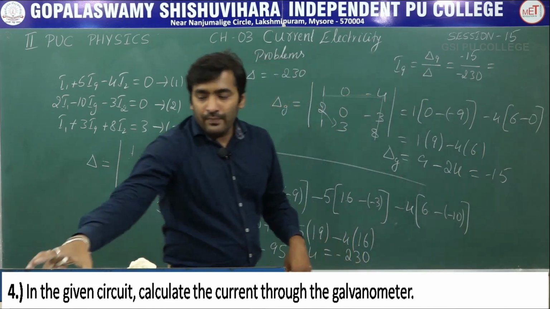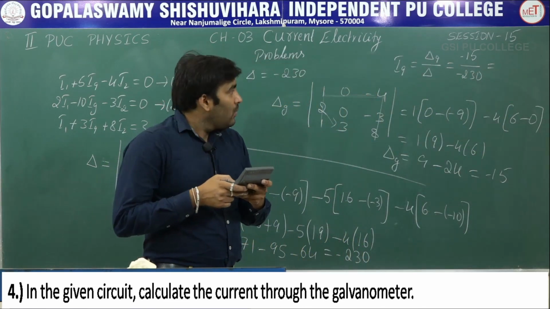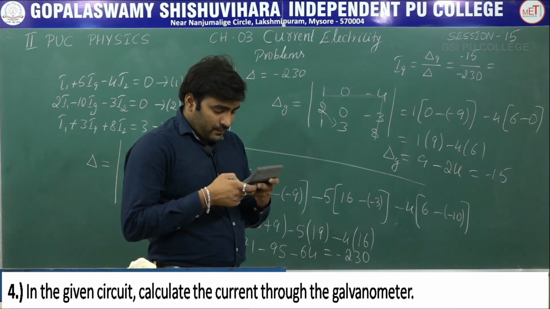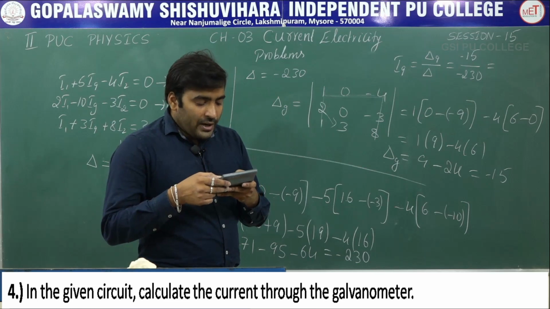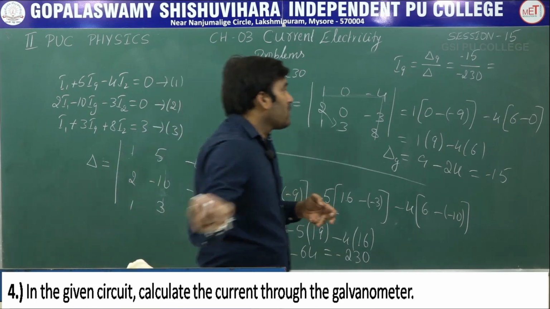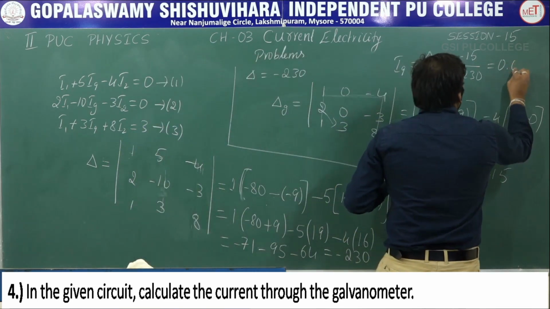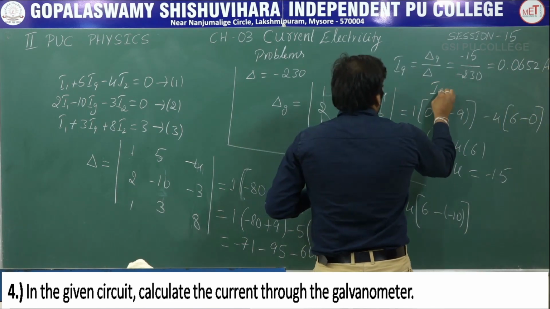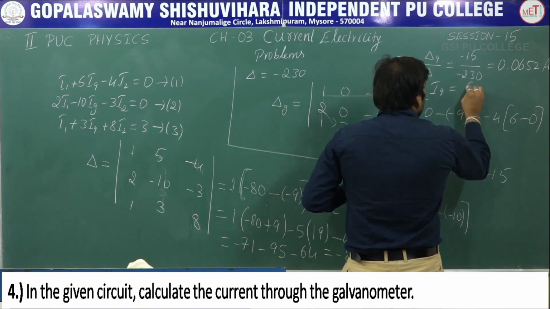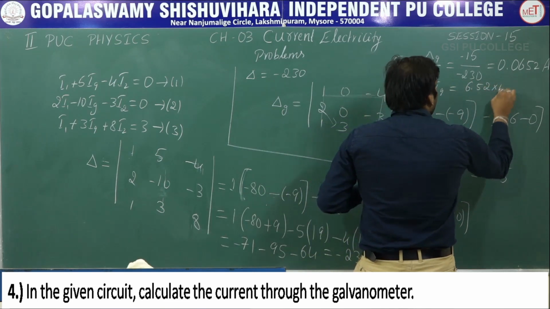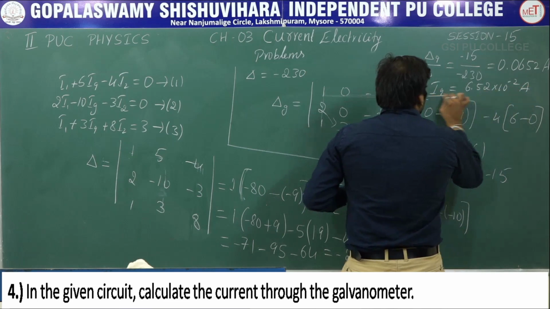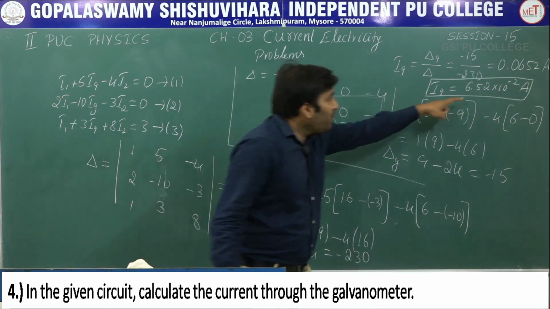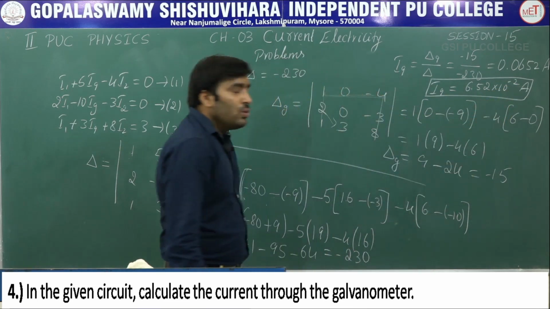Let us divide them. Minus 15 divided by minus 230 is 0.0652. So we get 0.0652 ampere, or Ig is equal to 6.52 into 10 power minus 2 ampere.